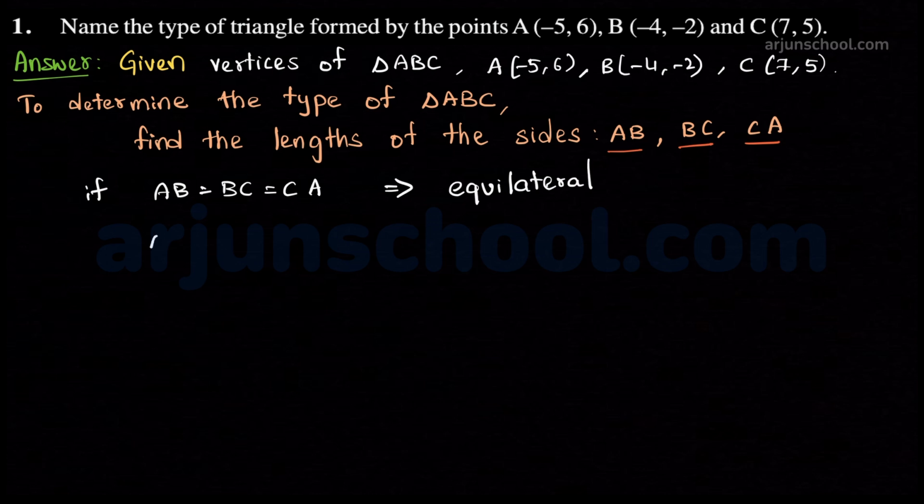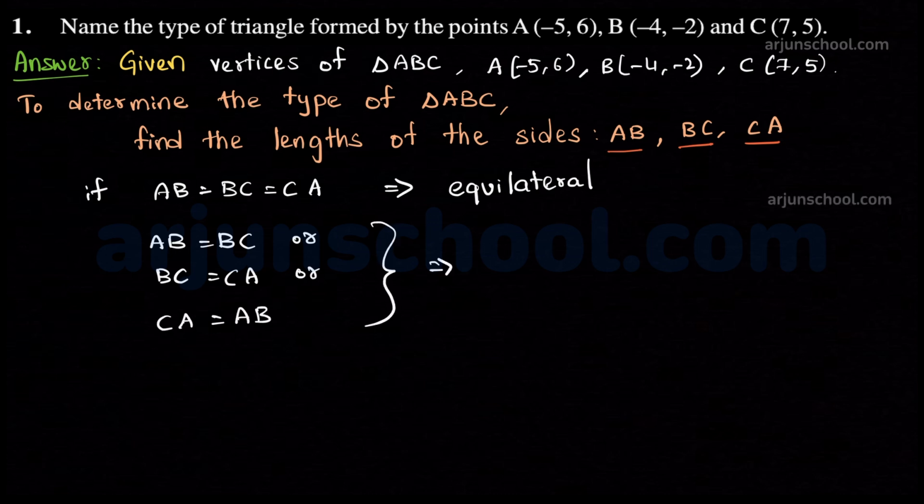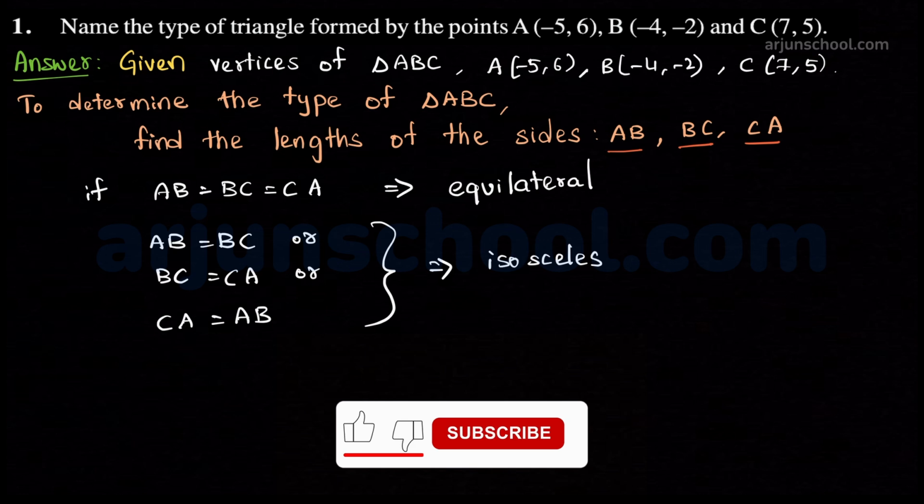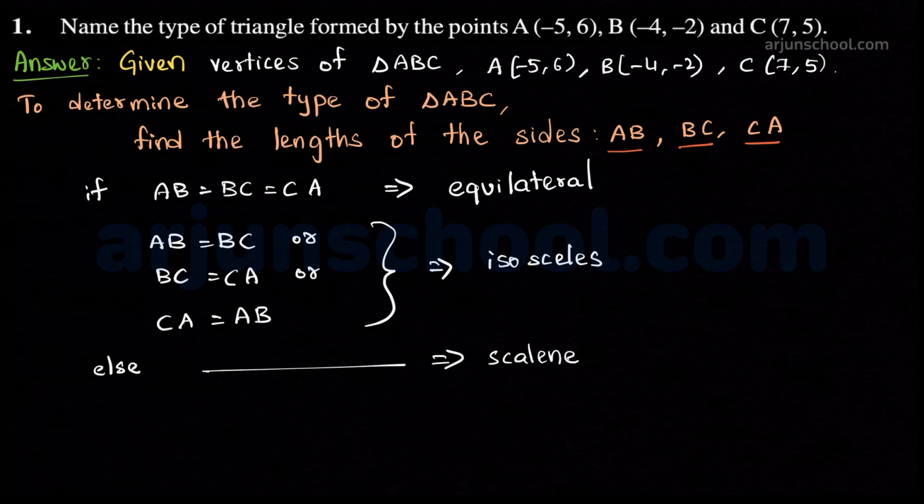Or if only 2 of the sides are equal, then it is an isosceles triangle. Only 2 sides equal meaning either AB equal to BC or BC equal to CA or CA equal to AB. Or if all the 3 sides are different from each other, then it is a scalene triangle.